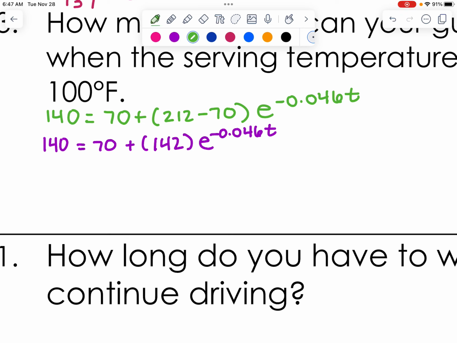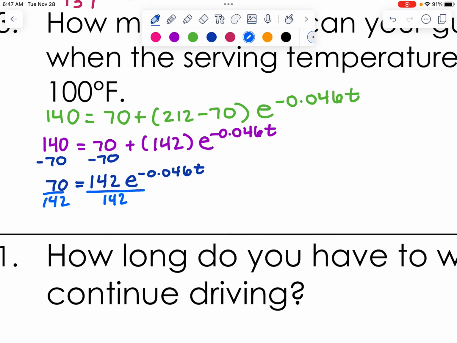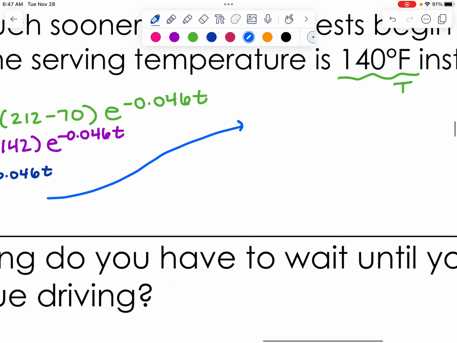The next thing I'll do is subtract the 70 over. I get 70 equals 142 e to the negative 0.046t. Then I'll divide by 142 on both sides. And that fraction reduces to 35 over 71 equals e to the negative 0.046t.